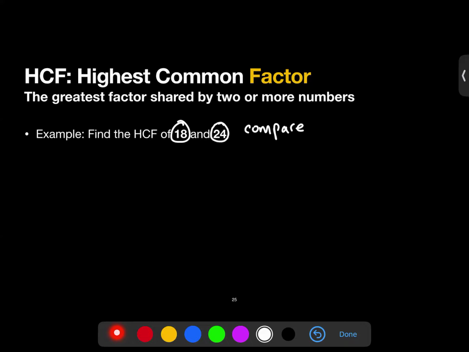How to do that? So for finding the factors, which is the first number we always start with? Does anyone remember? To find the factors, we start with which number?